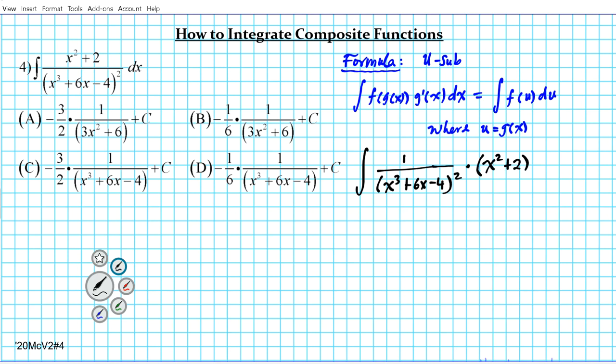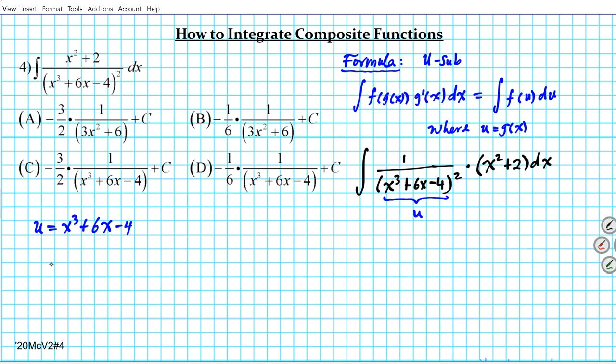Now the inner function from the composite, we're going to call that u, and we'll write that on the side. U is equal to x to the third plus 6x minus 4.